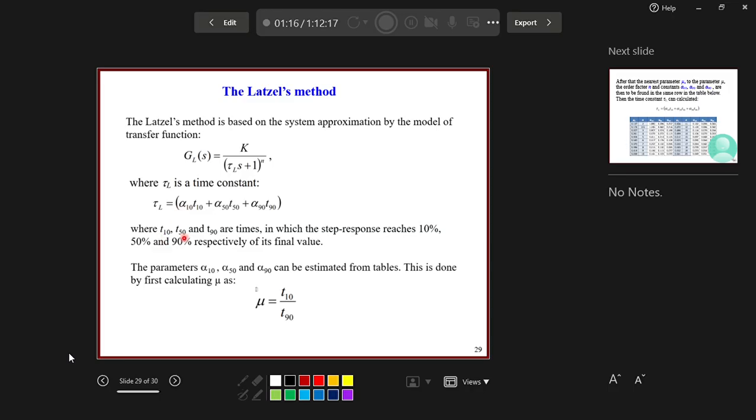The t values are calculated the same way we did with the Smith method, where we calculated the T20 and the T60. Here we calculate the T10, T50, and T90. And then we calculate a parameter called mu, which is T10 over T90. So now we have T10, T50, T90, and mu. Then we use the table in the next slide to evaluate the tau and n.